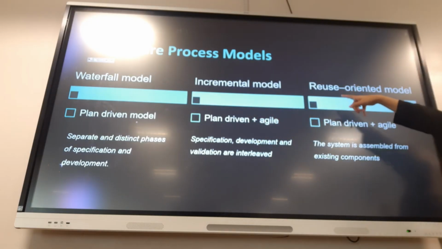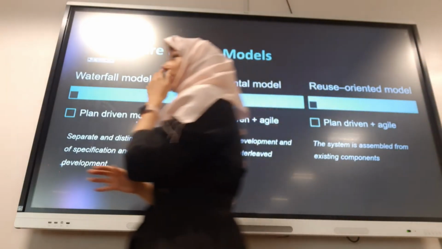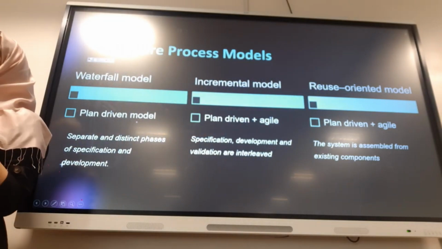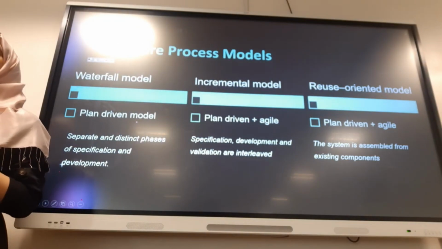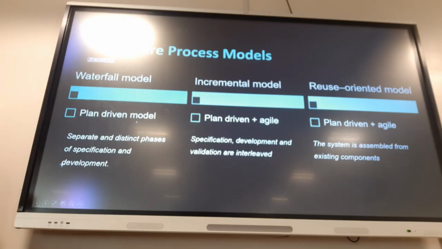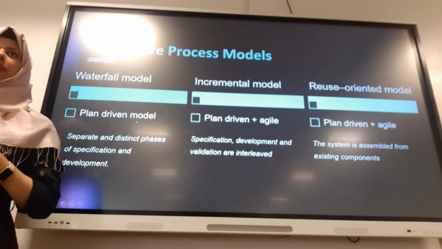And of course, there is the reuse-oriented model. Okay, let's assume I'm building my Moodle. We discussed previously how to customize and how to build or use a general application. So among all applications that you use, let's assume you use 10, 20 applications every day.